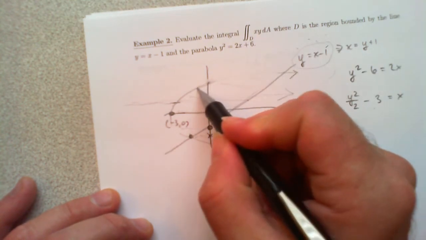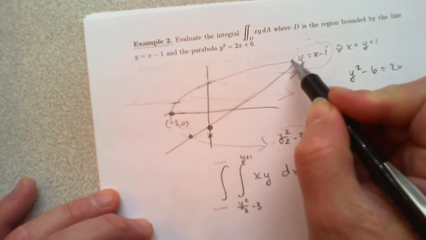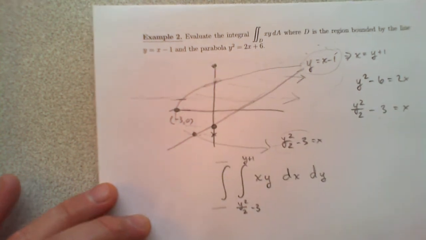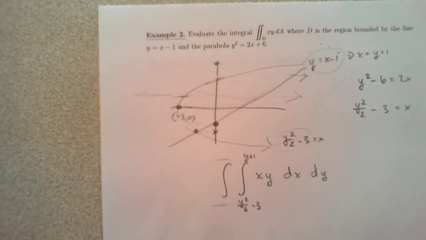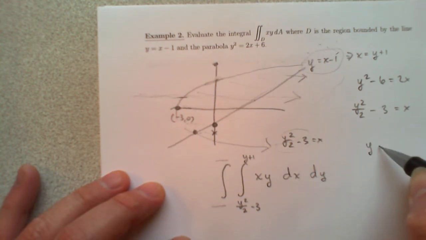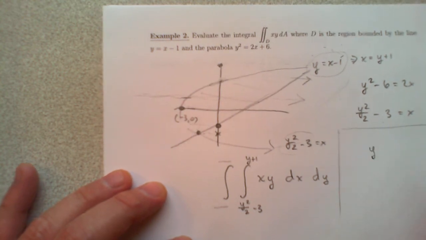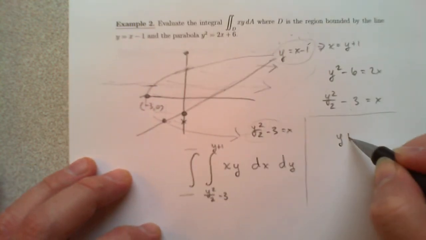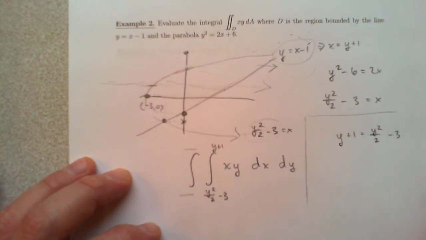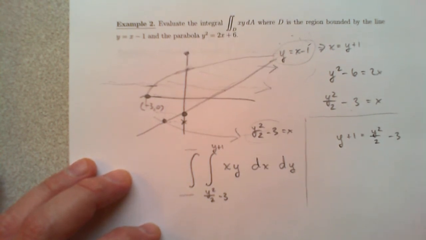It kind of curves up, so it would be a point like right here. To do that, you do the same thing as before: set the functions equal to each other. This is a little scratch side work here. So y plus 1 is equal to y squared over 2 minus 3, and solve this out for y.